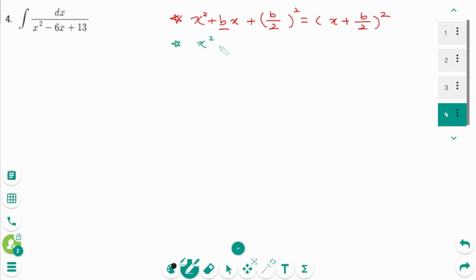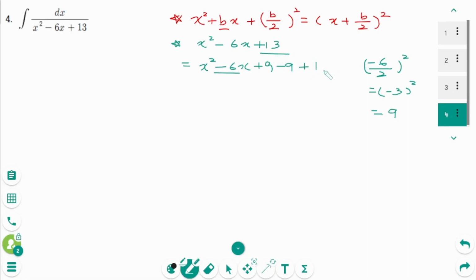So x squared minus 6x plus 13 equals x squared minus 6x, then minus 6 over 2 squared equals minus 3 squared equals 9, then plus 9 minus 9 to make 0, and then keep the last one, equals, this one makes x minus 3 squared, then plus 4.